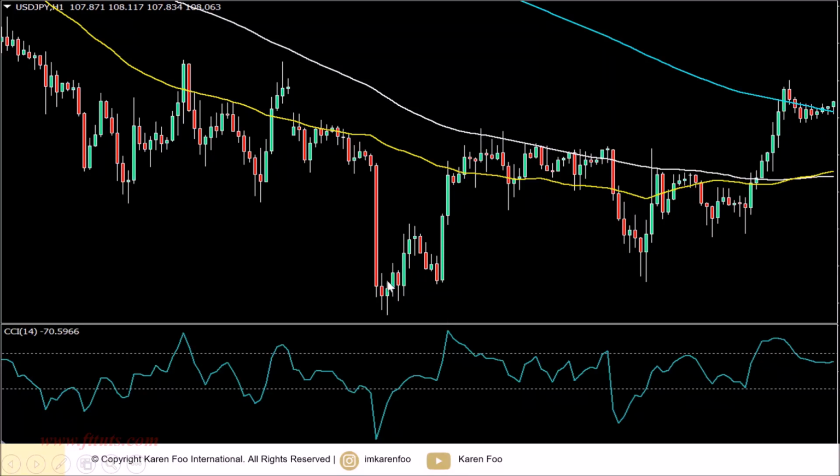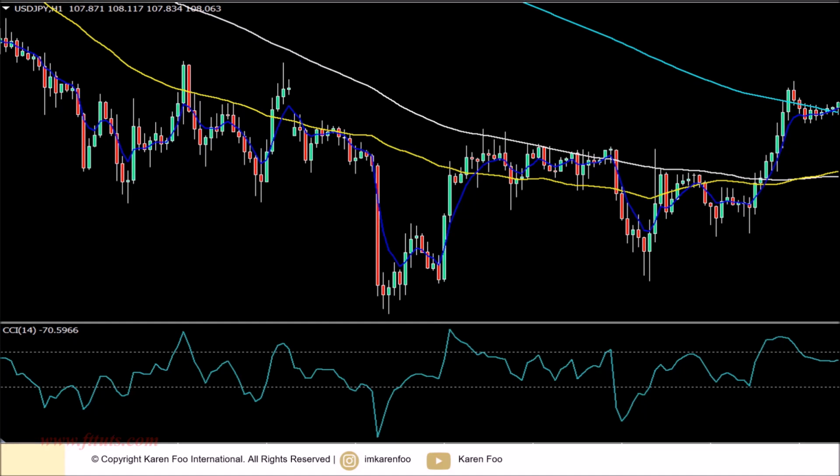Okay, of course price wouldn't retrace straight away and go up in an uptrend. Sometimes it might range a little bit for a couple of days, a couple of hours before it goes back up. And when it comes to spotting retracements, you can put in your 5 EMA, because when the price retraces too far away from the 5 EMA, it's going to go back.